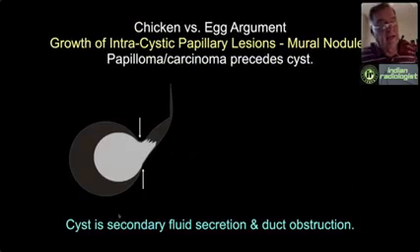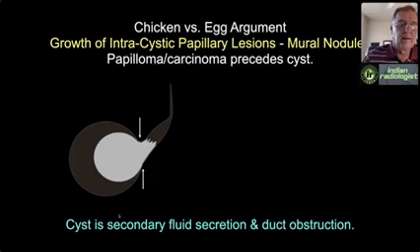Now, if we get an irregular wall thickening or mural nodule, is that complex cystic and solid? Yes. Does it mean it's papilloma or carcinoma? No. Apocrine metaplasia, which is simply part of the benign fibrocystic spectrum, can easily cause irregular wall thickening or mural nodule. So if we look at the chicken versus egg argument, the question is what came first, the mural nodule or the cyst?